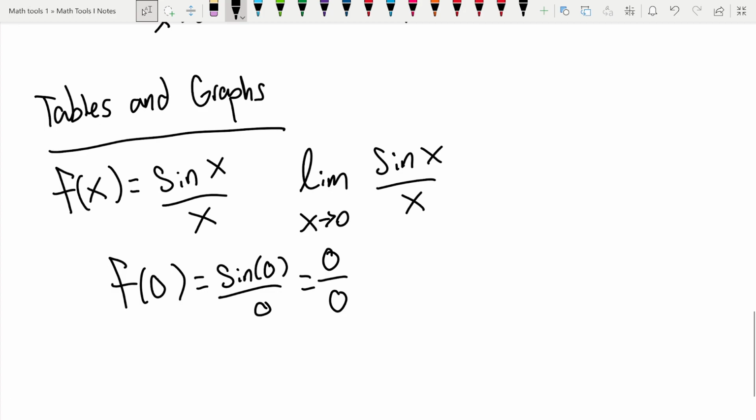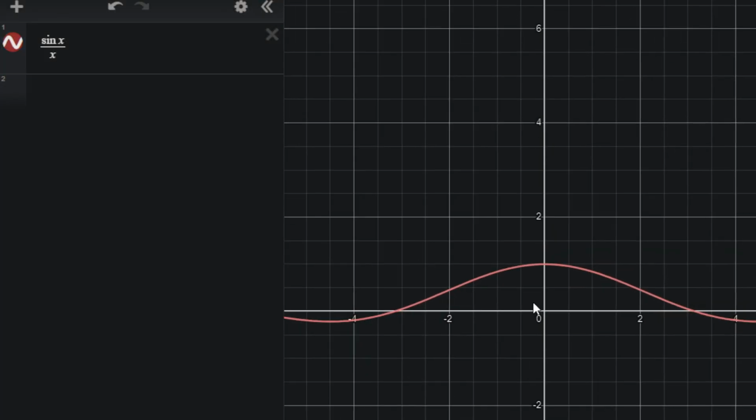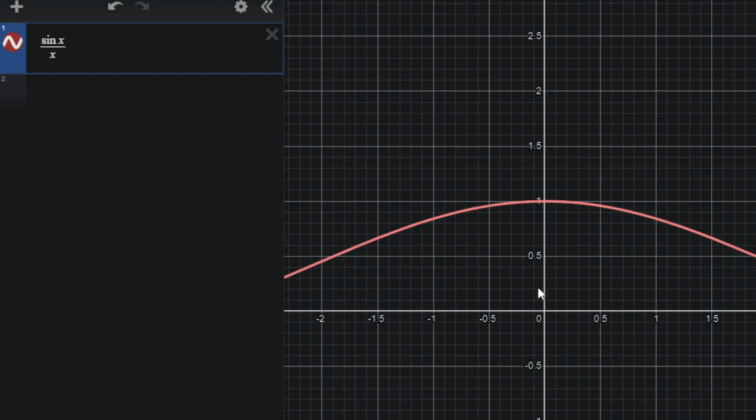Well, what if we go over to the graph? This is a graph of sine of x over x. It's hard to see on the graph, but if you hover over this, you'll see that at 0 it's undefined. But it seems to pretty clearly be going to 1. It's never actually touching 1, but it does seem like that is the point it is approaching.